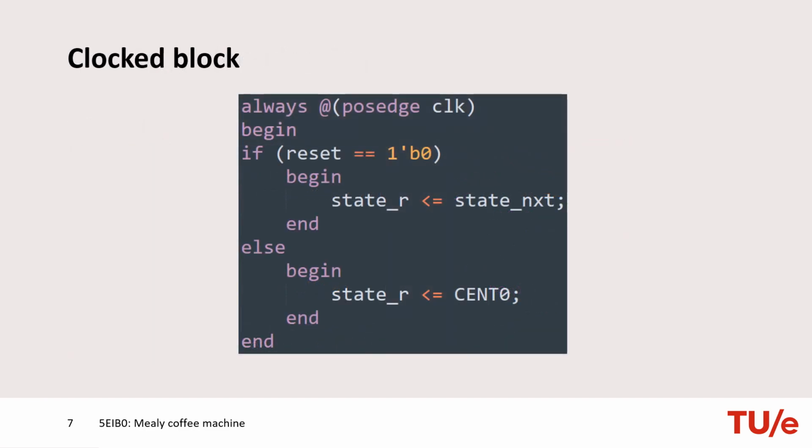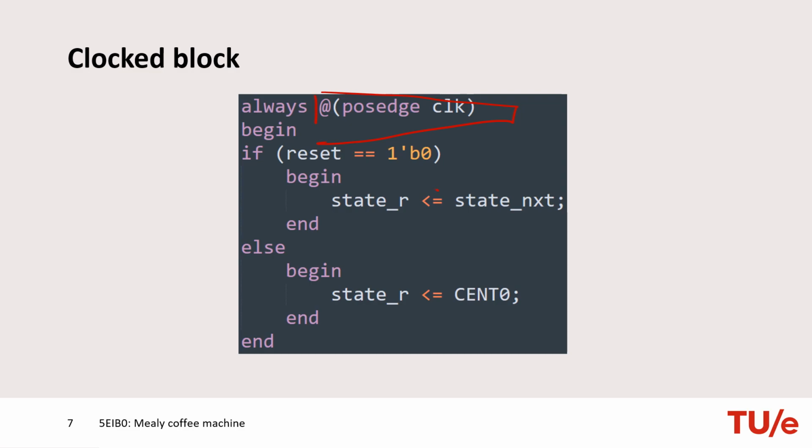This clock block is also the next thing you need to implement, because we cannot change our states during an always star block. We have to do this in a clocked block.